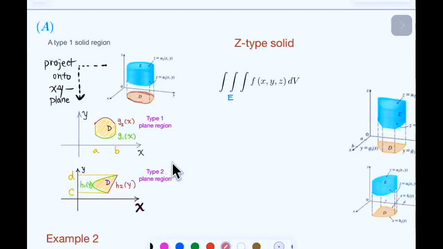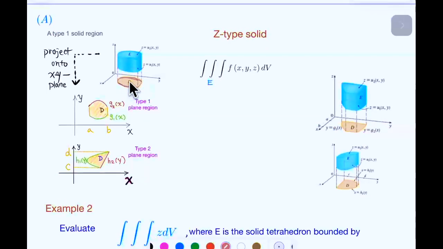What happens if D, the projection of the solid onto the XY plane, is a type 1 plane region? Do you guys remember? A type 1 plane region is like this: X goes from a constant to a constant, A to B, and Y is bounded below by this and bounded above by this.